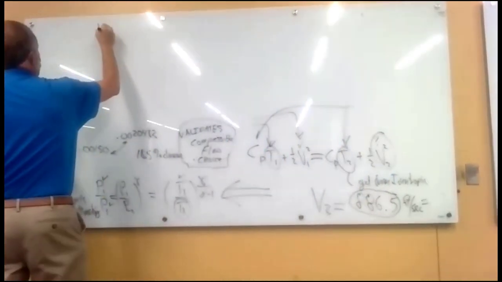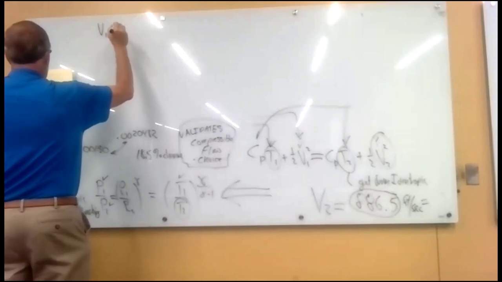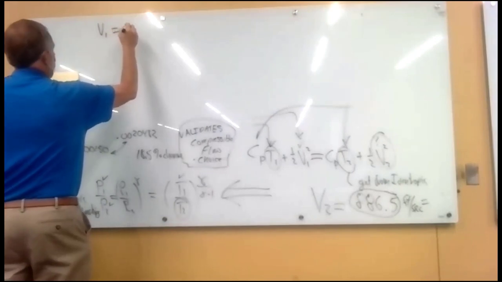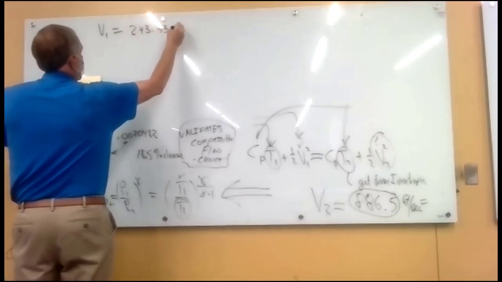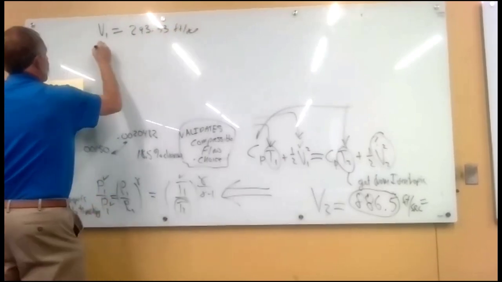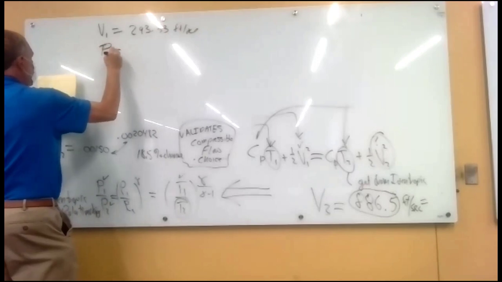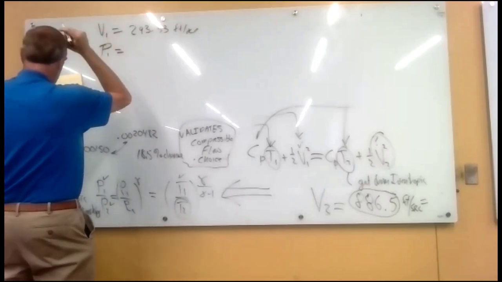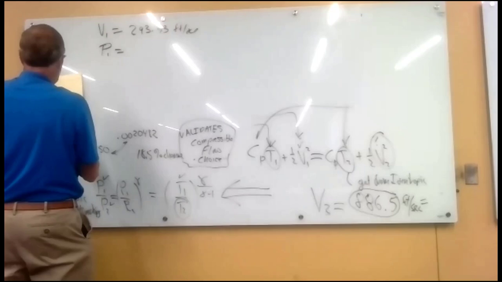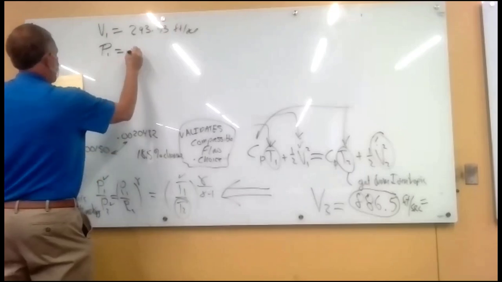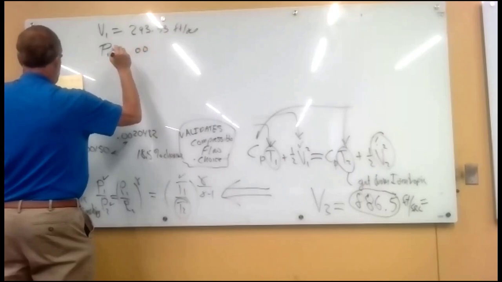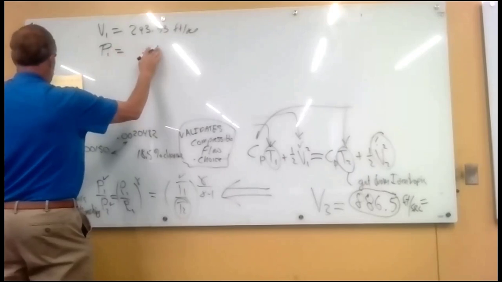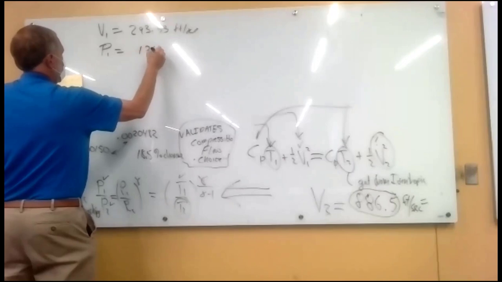Right, I know V1 was whatever it was, 293. I remembered to convert this. P1 was, I'll find it here in a minute. $17.61.